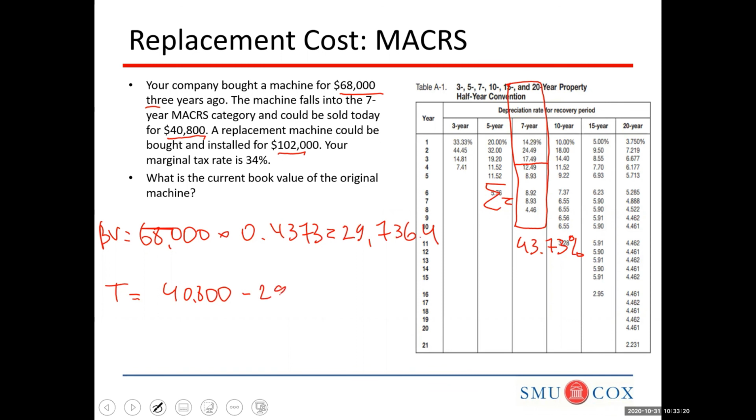So 29,736.4 times 34% gives me 3,761.62.